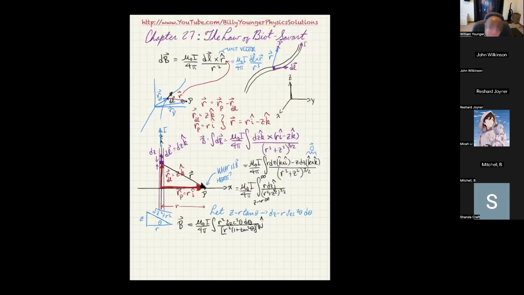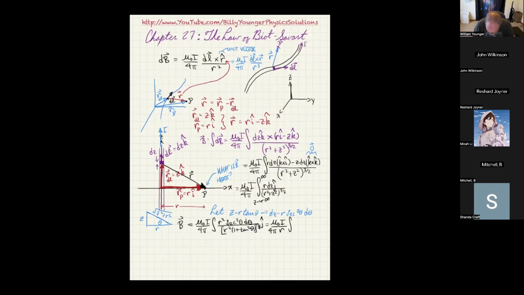So with this, we end up getting mu 0 I over 4 pi. Now remember, it's r squared in the top and it's going to be r cubed in the bottom, so it'll just be an r in the bottom like that. But 1 plus tangent squared is secant squared.